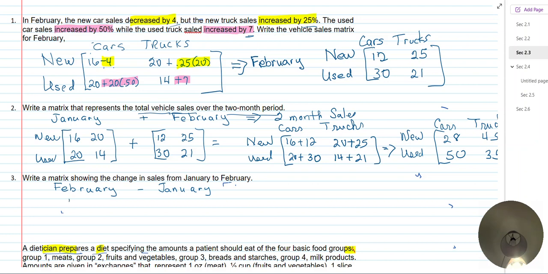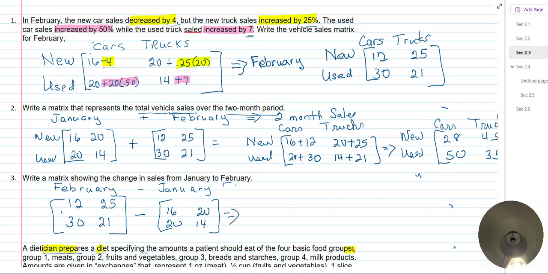So I'm going to have a 12, 25, 30, and 21 minus my January, 16, 20, 20, and 14.